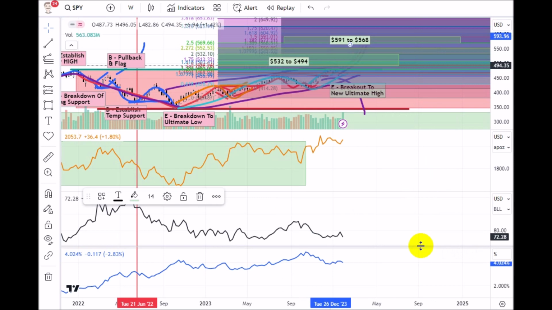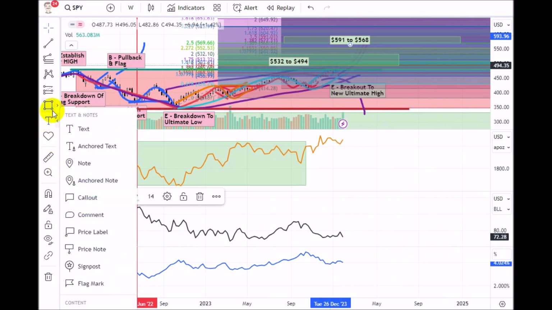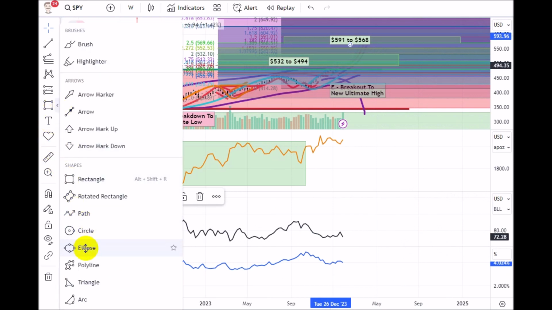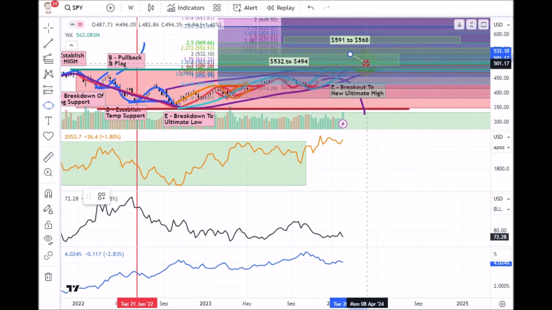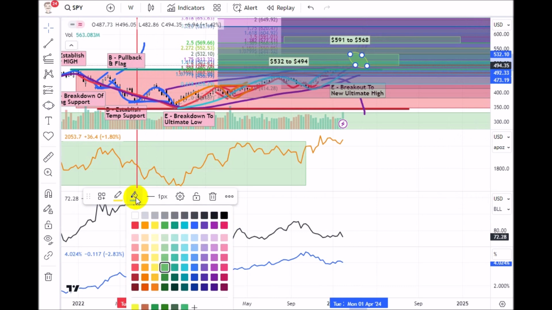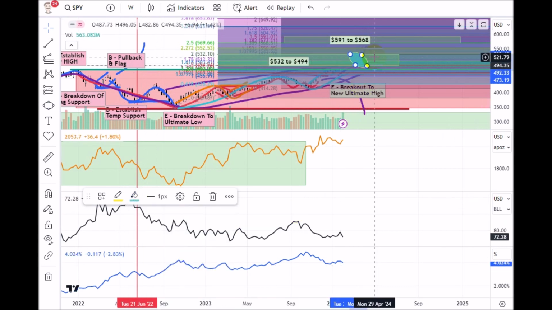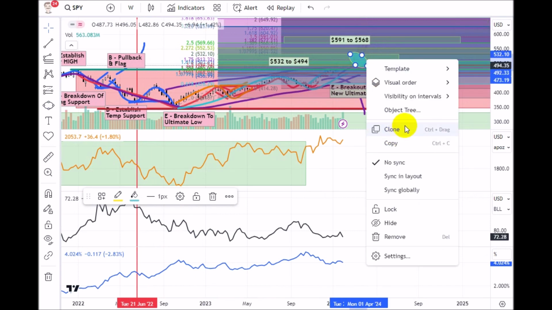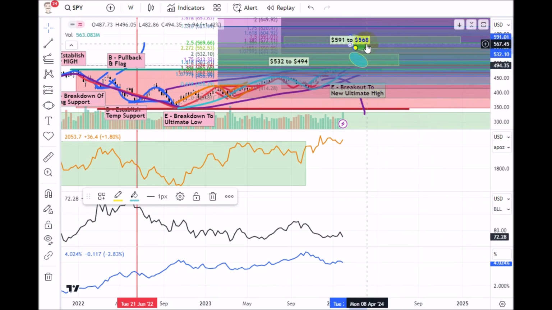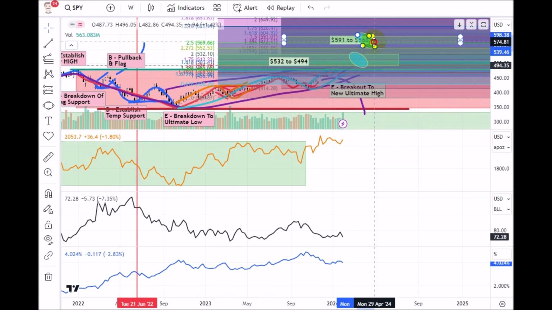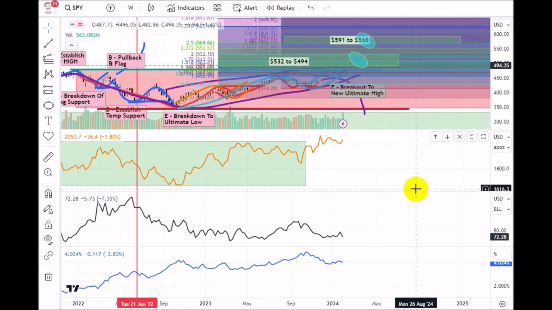Okay, now that would confirm either of these levels pretty much right over in this area, or this area. Will likely confirm the top in the SPY.